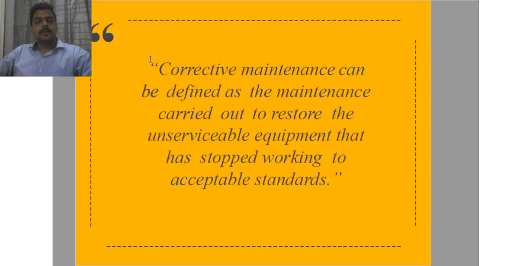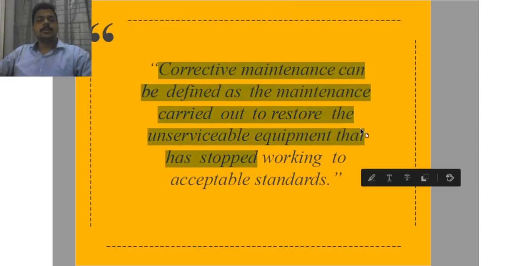Before that, I have to comment on this corrective maintenance, or breakdown maintenance. Corrective maintenance can be defined as the maintenance carried out to restore unserviceable equipment that has stopped working to acceptable standards.